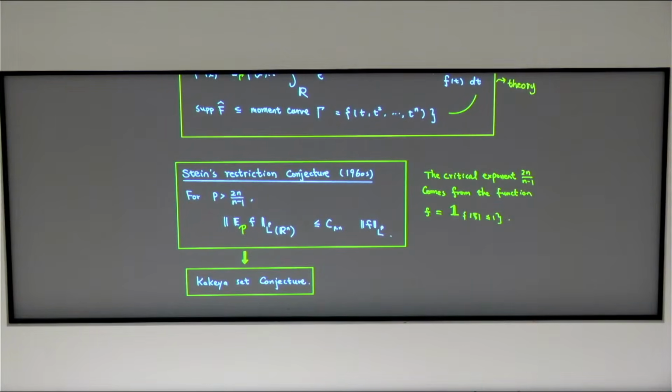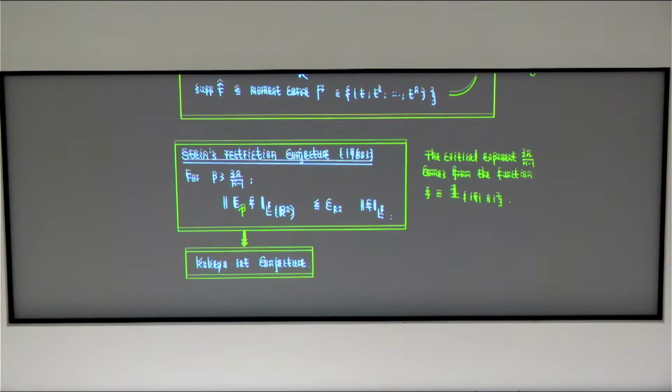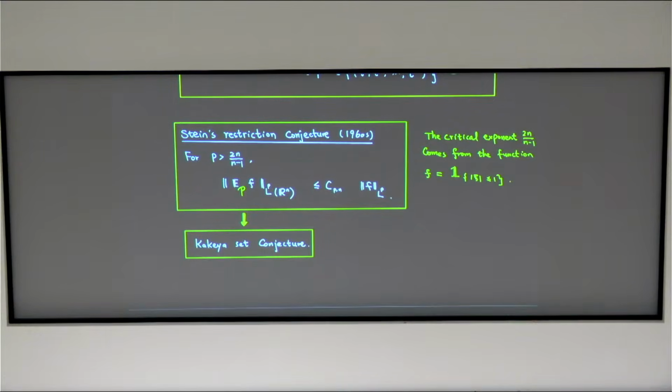Also in Josh's talk, he says that we can show that Stein's restriction conjecture implies the Kakeya conjecture. So in fact, if one can show the restriction conjecture holds for p greater than 2n over n minus 1, then one can show that any Kakeya set in R^n has Hausdorff dimension n.